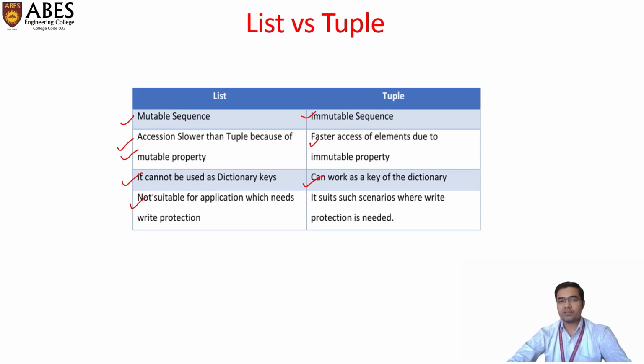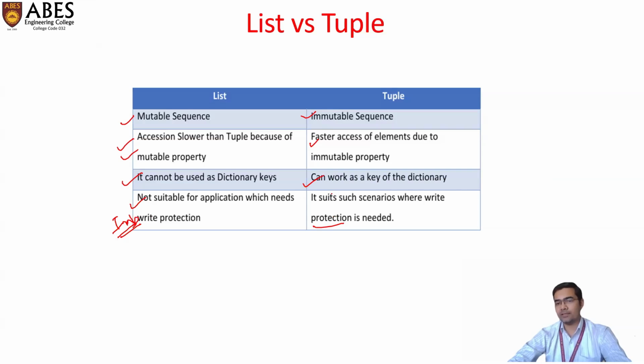List is not suitable for applications which need write protection. This is an important point, because it is also important from the interview point of view: why list is important or where tuple is important. In such areas where write protection is not required, we can use the list, but where write protection is needed, we will use tuples, because tuple is immutable, we cannot change it, and list is mutable, we can change the values.